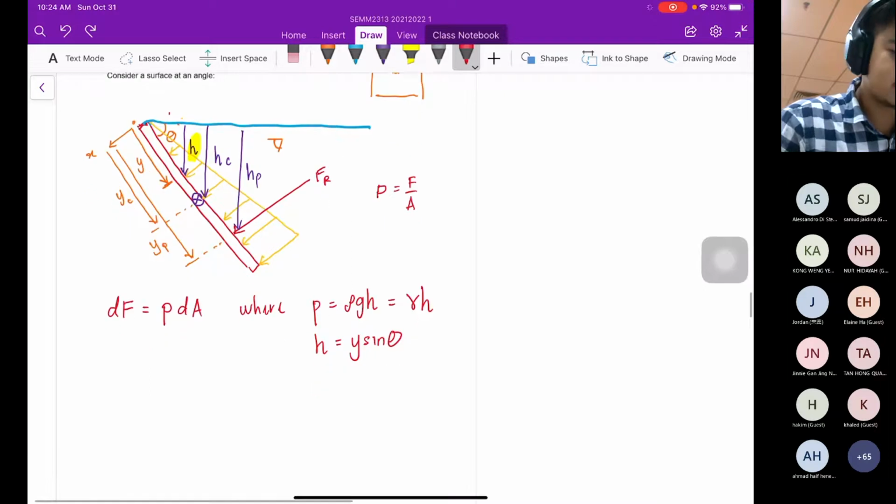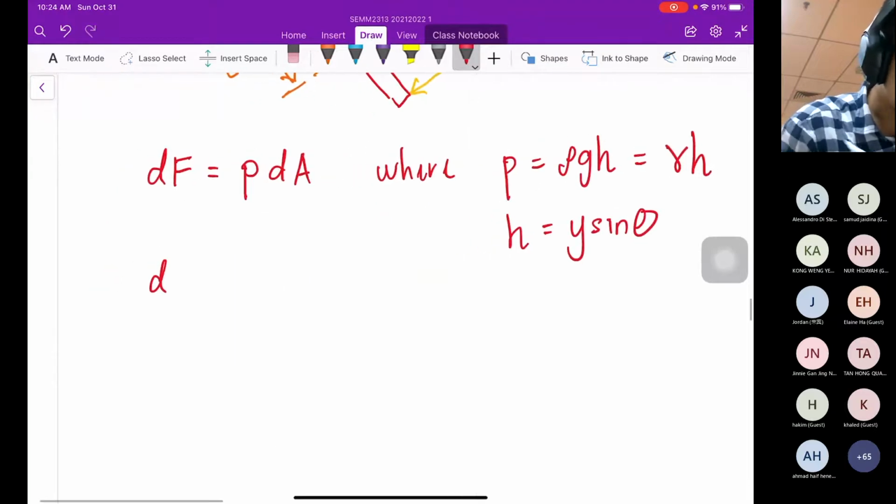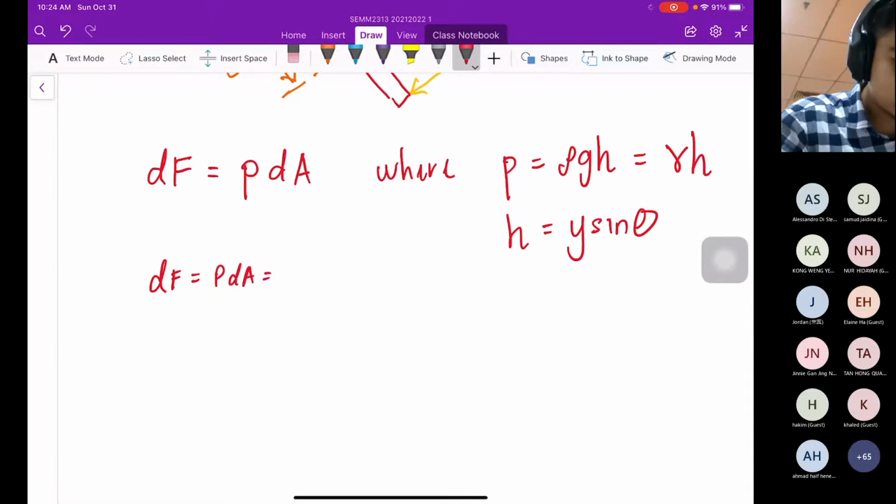Okay, good question. And then substitute into the equation dF equal to P dA. So I want to substitute pressure into this one. So gamma H dA.